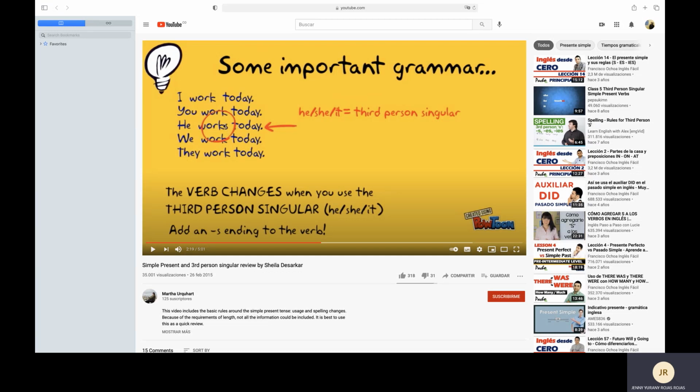En este caso se va a agregar S, ¿sí?, a los verbos. Entonces dice, el verbo cambia cuando nosotros utilizamos alguna de las terceras personas del singular. Entonces debo agregar una S al final del verbo en este caso.